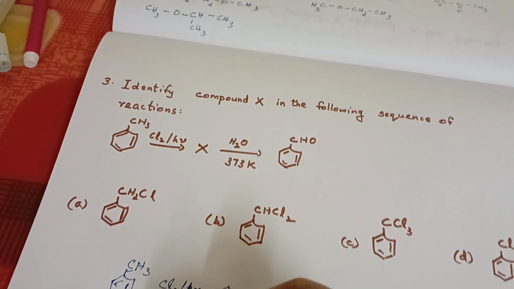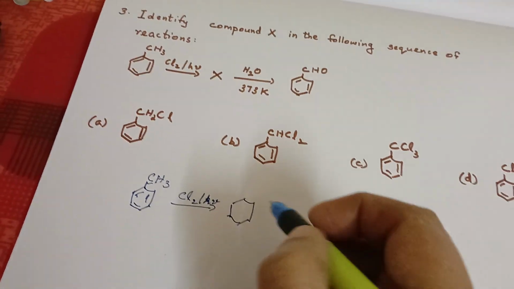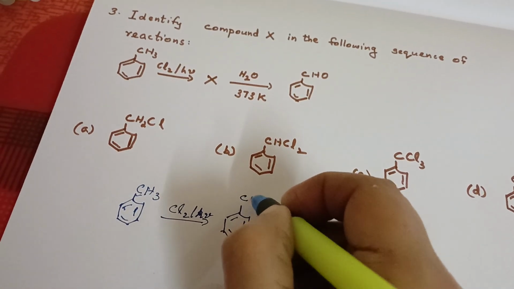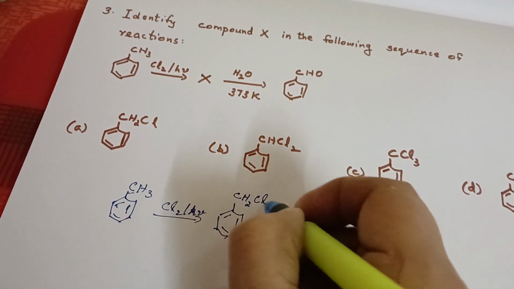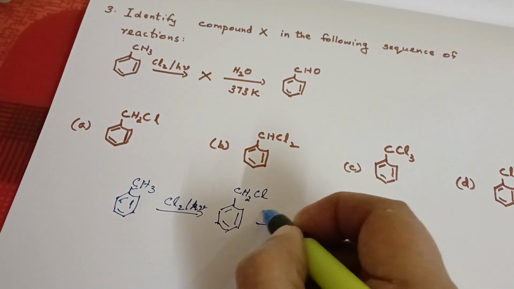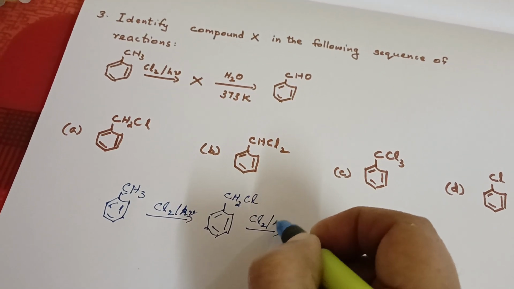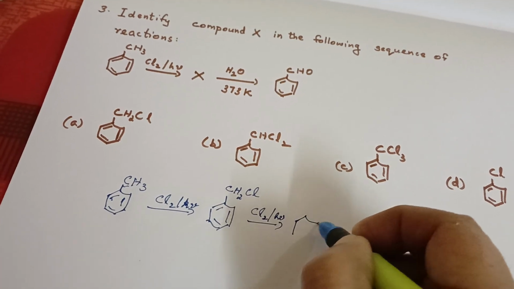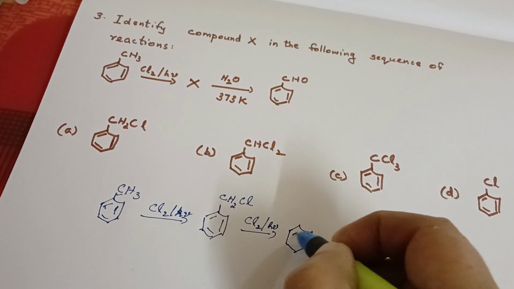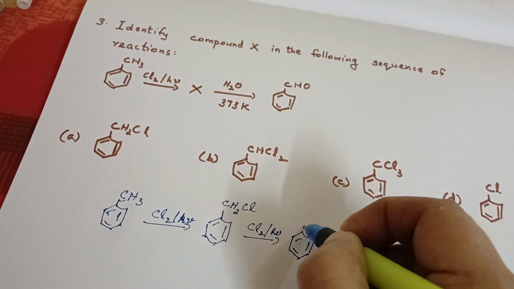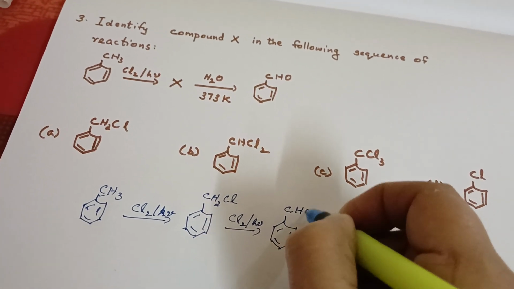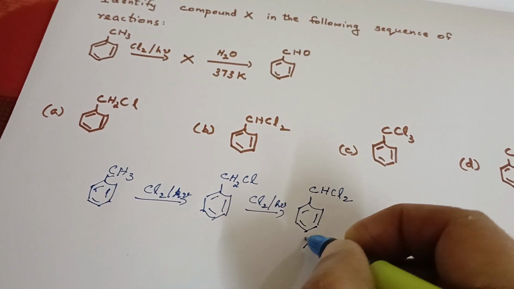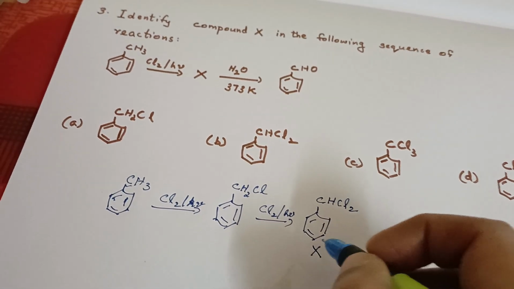First, one hydrogen gets replaced, CH2Cl. Then on further chlorination or treatment with chlorine, you will have CHCl2. So this will be, or this has to be, the compound X.